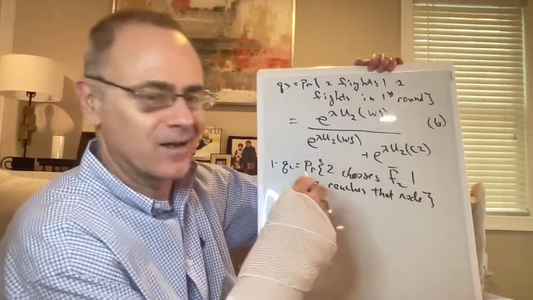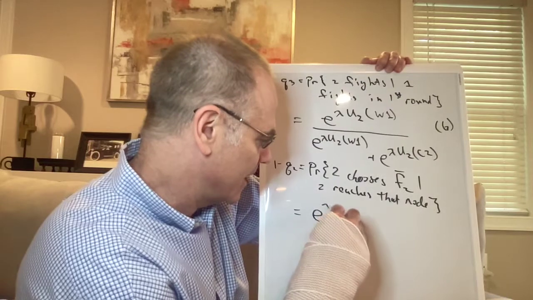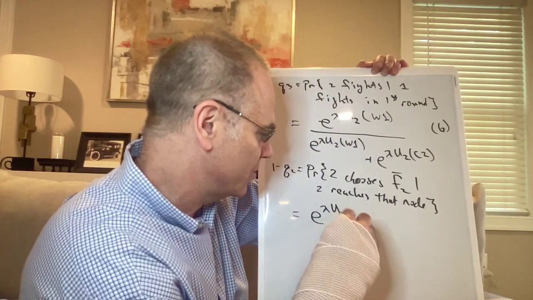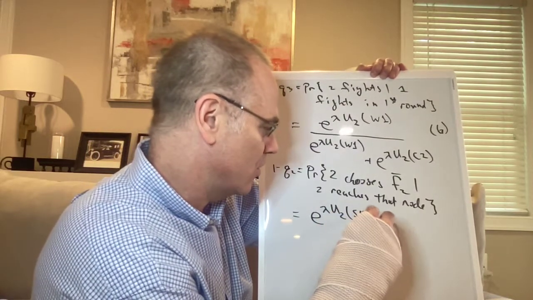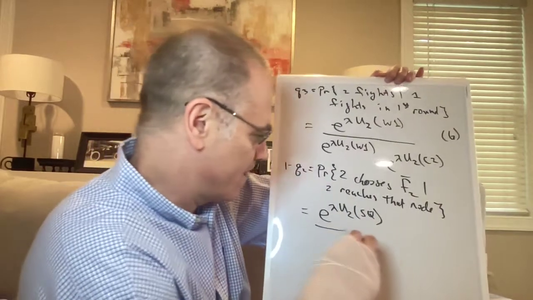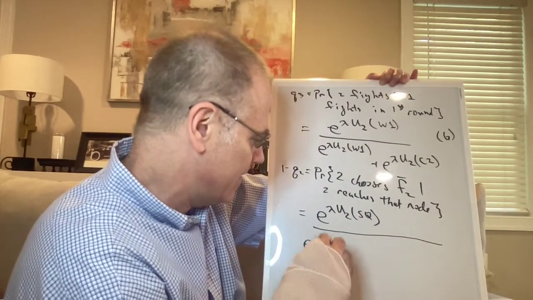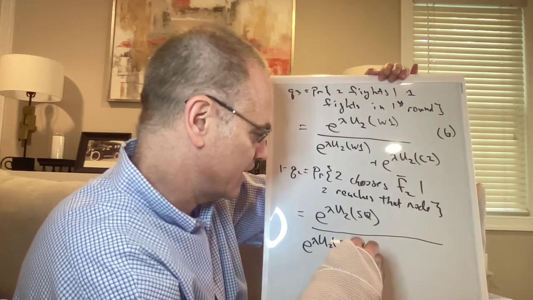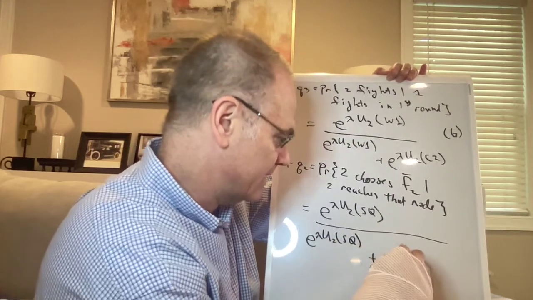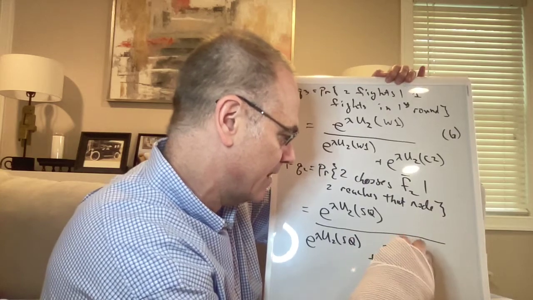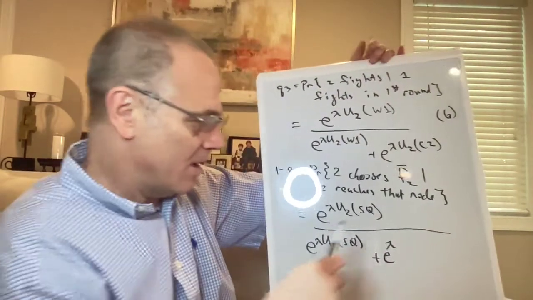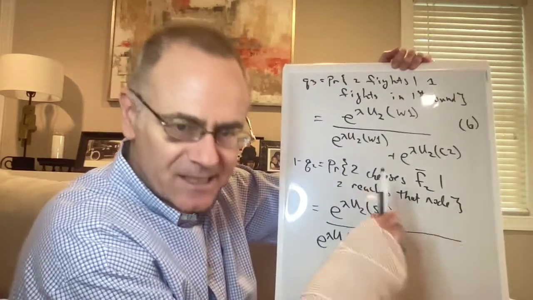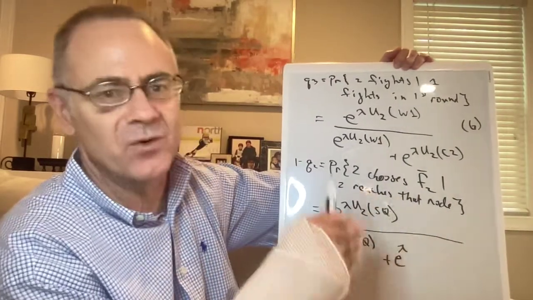We're going to put in lambda times U sub 2 of status quo, divided by e to the lambda times U sub 2 of status quo plus e to the lambda of your scene utility from doing the other choice.